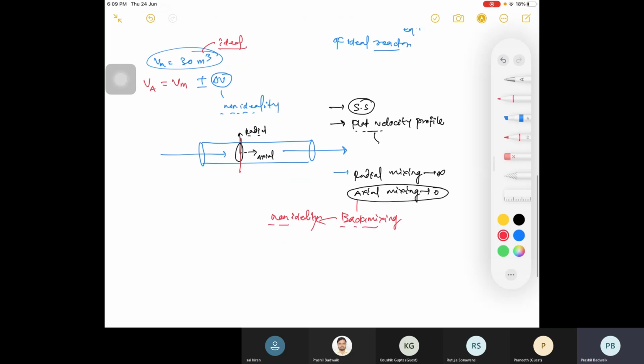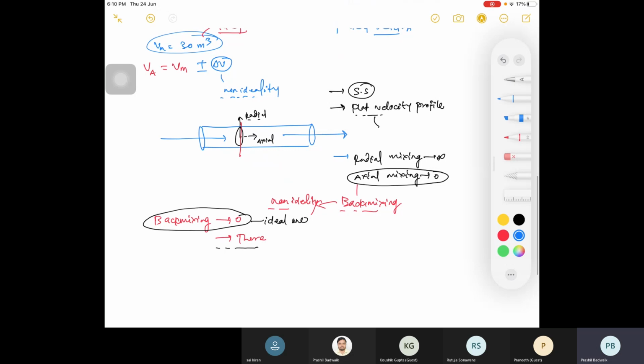Suppose if back mixing is 0 and back mixing is there. I'm not quantifying that. If it is 0, then you can say it is an ideal reactor. And if there is back mixing, then you need to define it as a non-ideal reactor. And in a non-ideal reactor, what will happen?